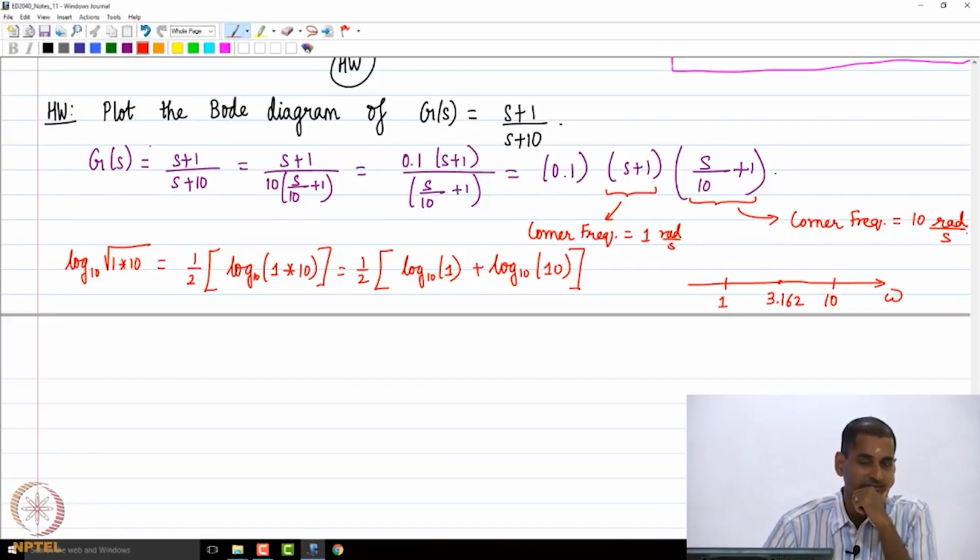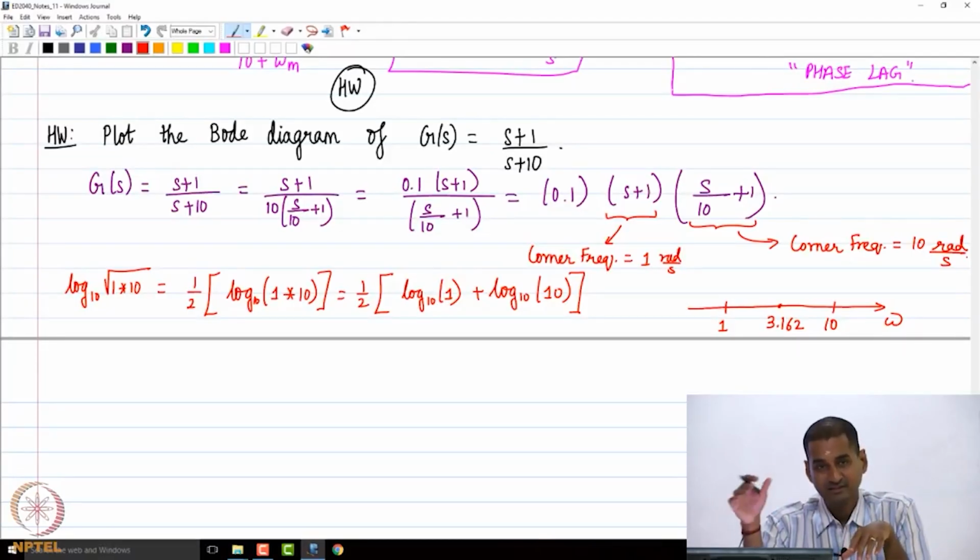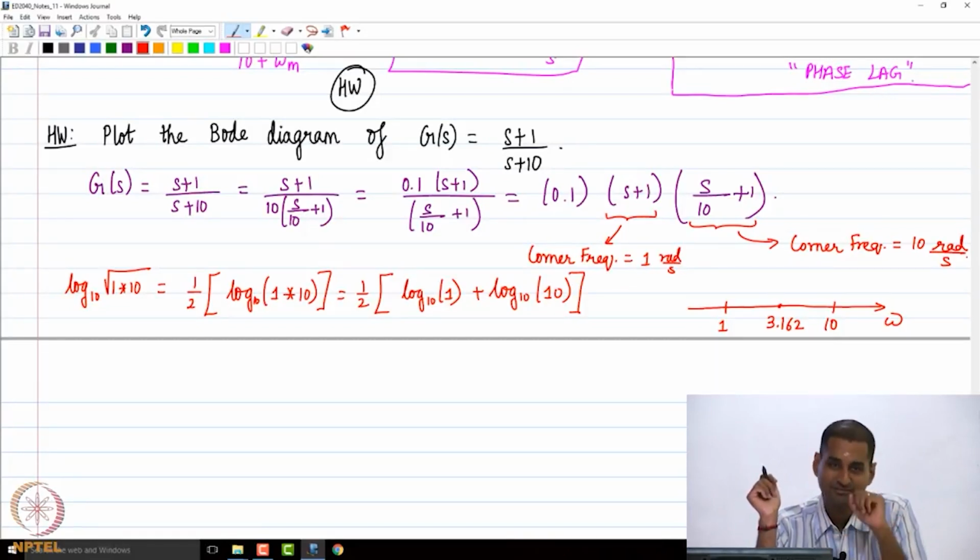So, is this geometric mean result true for all factors of the form s plus a divided by s plus b? That is what I am asking, like I am not going to generalize here, it depends on the value of a and b, okay, we will come there. So, please wait for a few more classes.